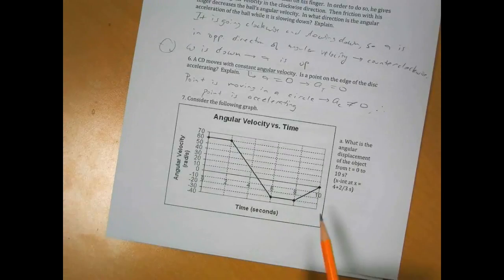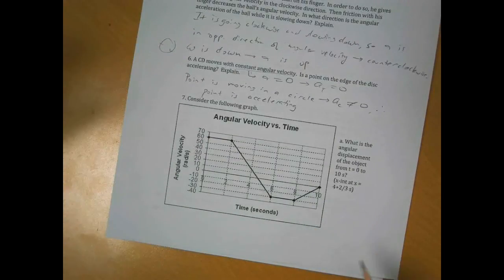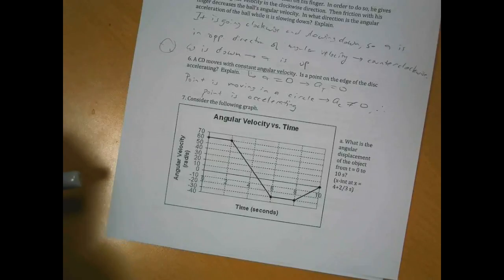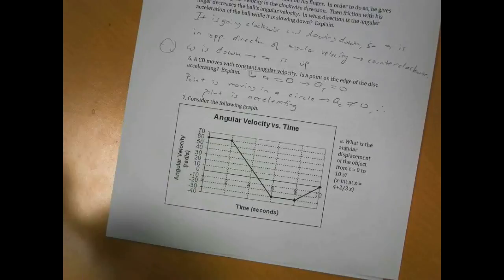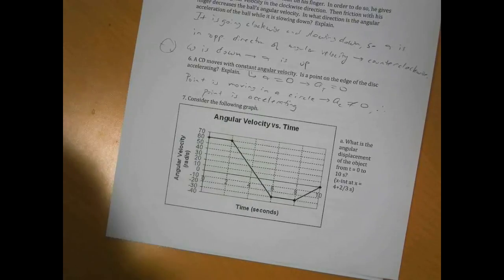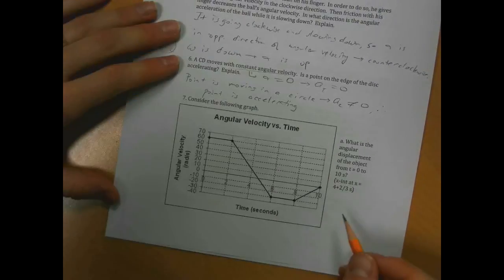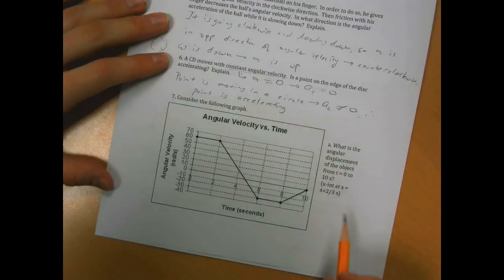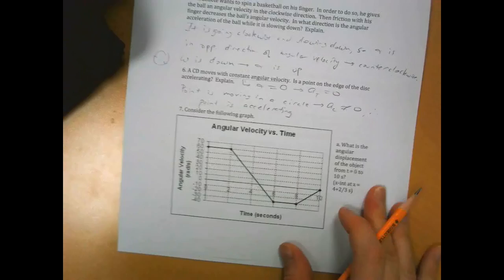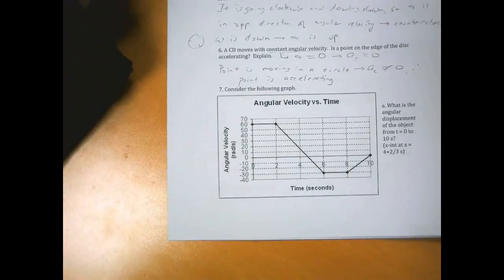Because the relationships amongst our angular or rotational kinematic variables are the same as the relationships among our linear variables, we can also do graphical and calculus relationships, just like we did with our other variables.